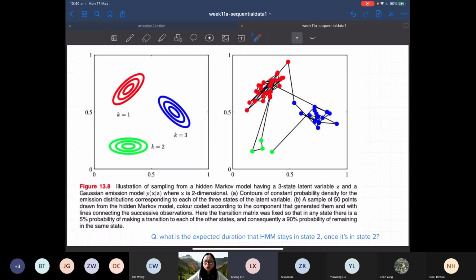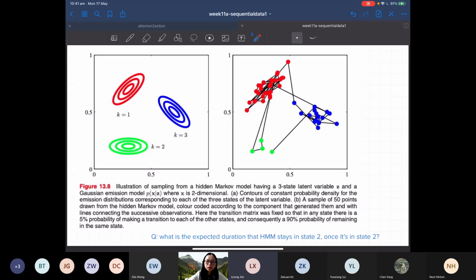Assume we have an HMM that has 3 hidden states, colored the same as in our state space view, and the emission probabilities are Gaussian. So conditioned on each state value, let's say it is the green state, x is a Gaussian around it. And by the way, the centers of these Gaussians are fixed.